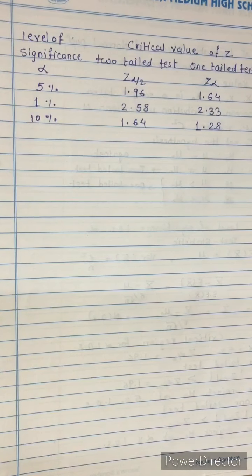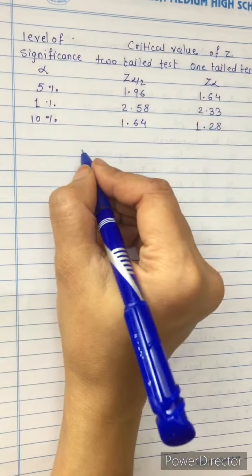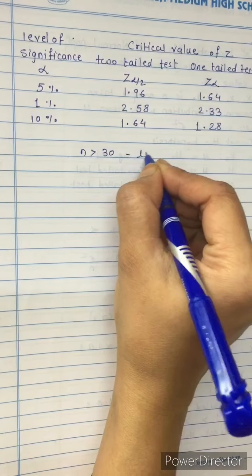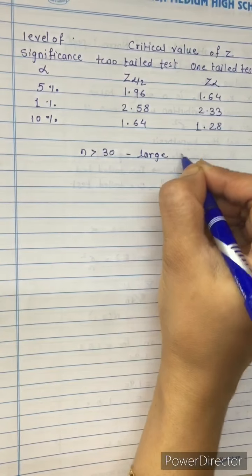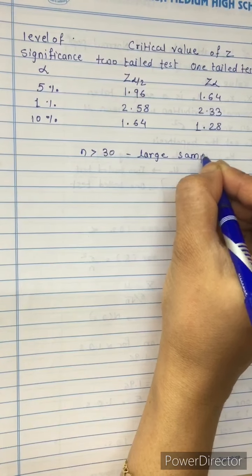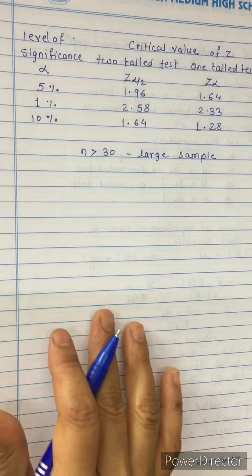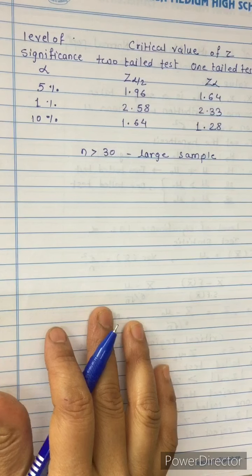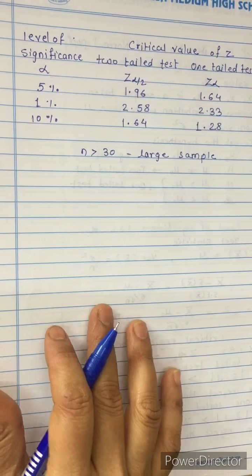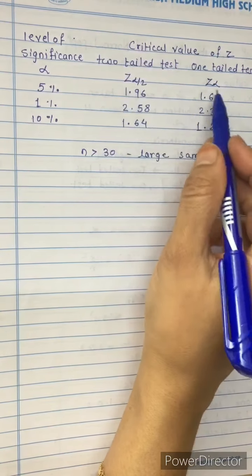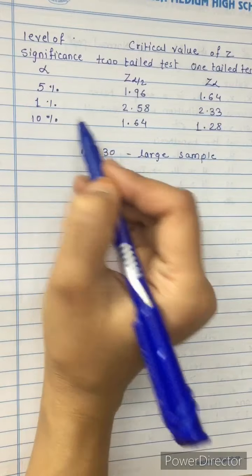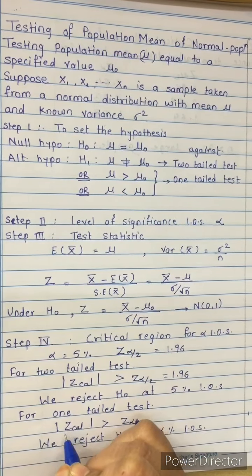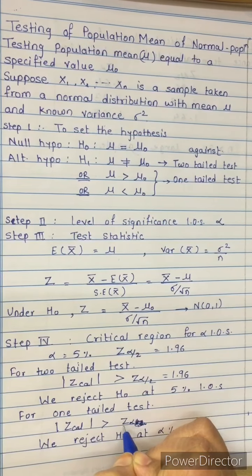So here these are the fixed values when our sample is large. Large means greater than 30. In this case, we consider it a large sample, and for a large sample, we always have the Z test for population mean, and these Z values are fixed for 5%, 1% and 10%. For a one tail test, we compare Z calculated with Z alpha.